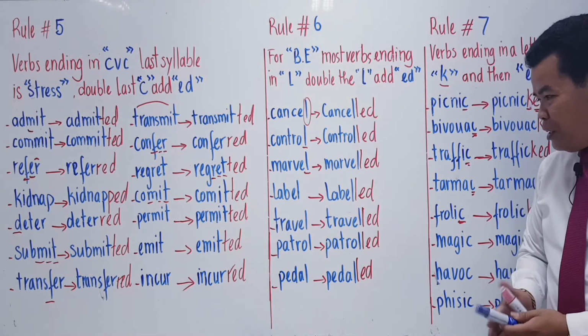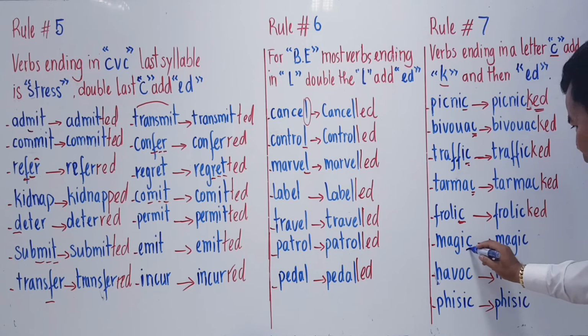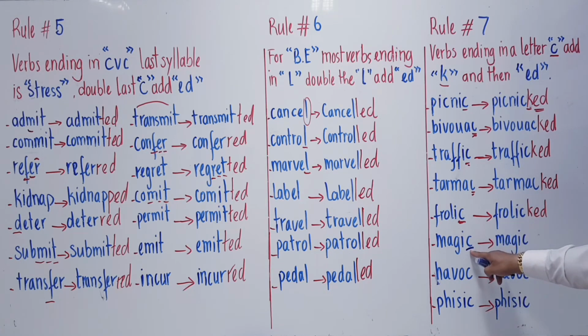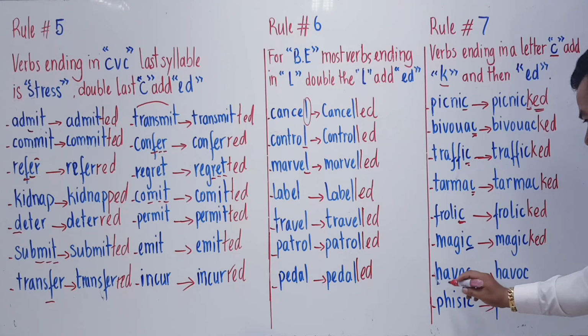So, when it is used as a verb, you have to follow rule number 7 by seeing the last letter. We got C at the end of the verb. Okay, letter C, not the consonant as I told you. So what do we have in here? Magicked. Okay, magicked. Let's go to another one.